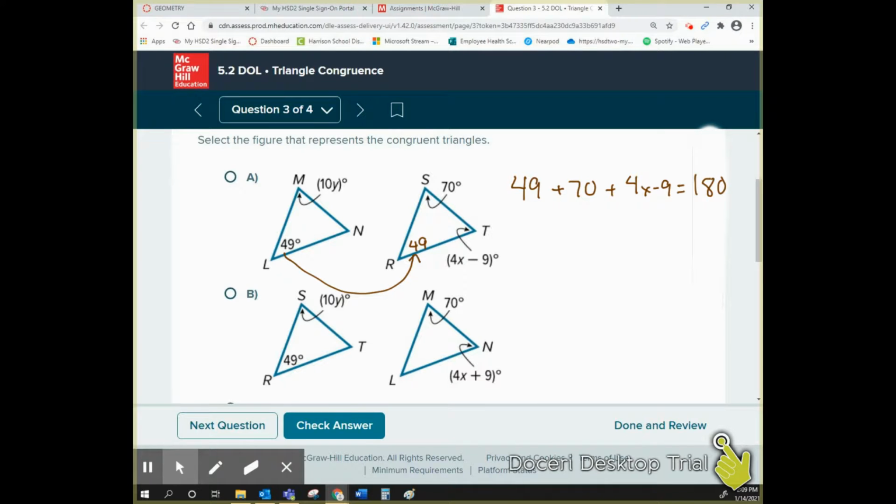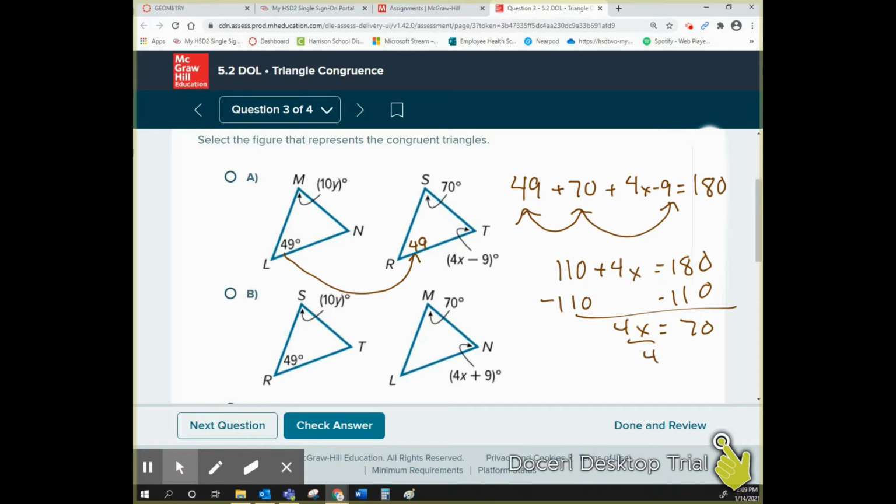So same deal, you combine your like terms. We normally have two, but this one has three numbers, so we would combine all of these. 49 plus 70 is 119, minus 9 is 110. If I subtract 110 from both sides, I get that 4x is equal to 70.